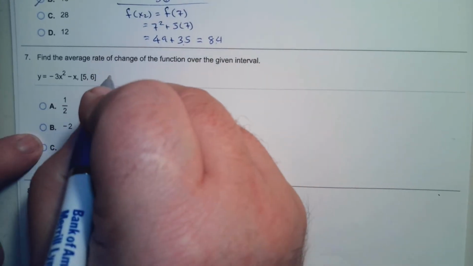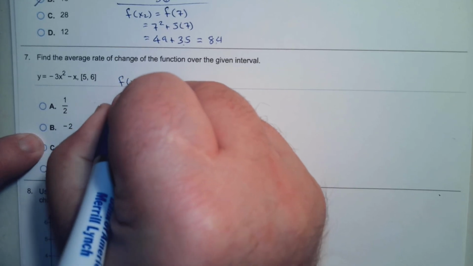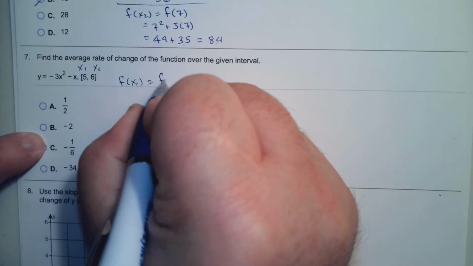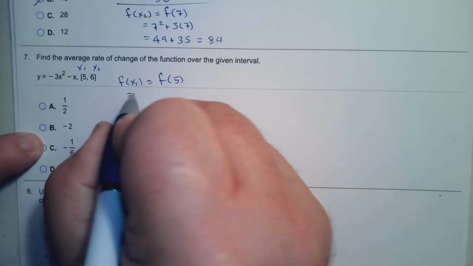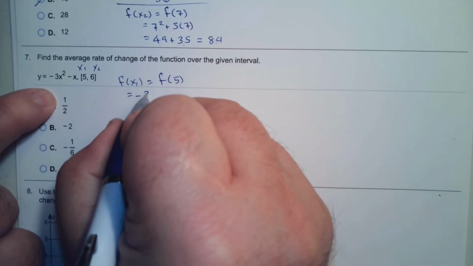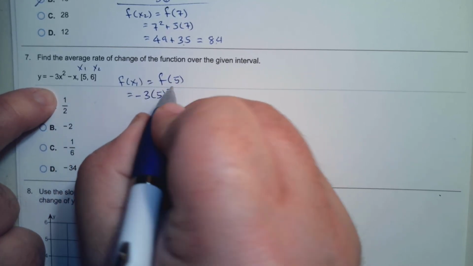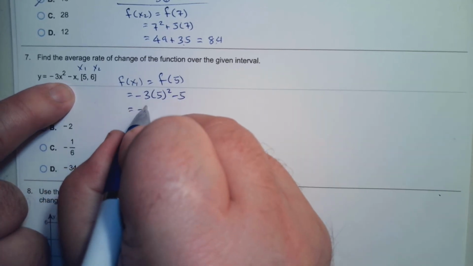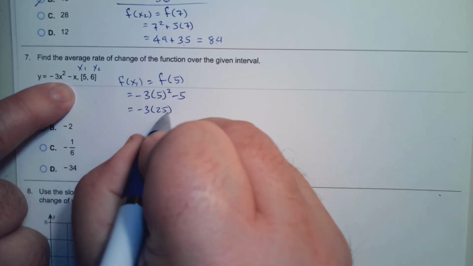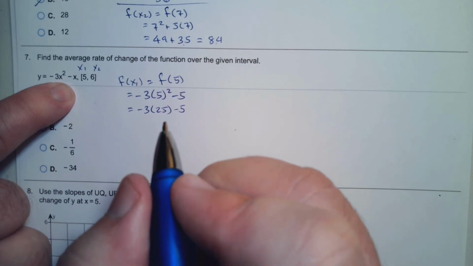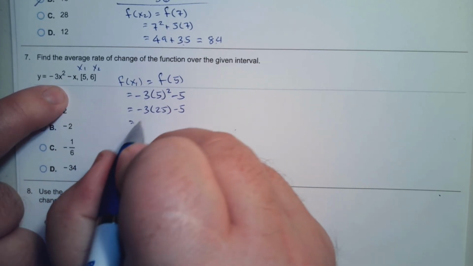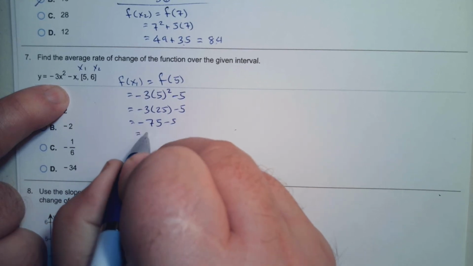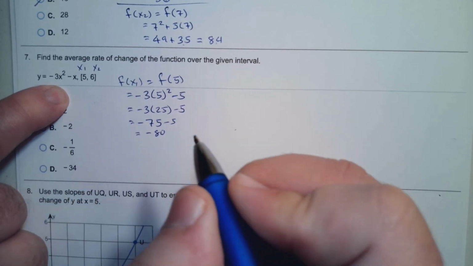Same thing here now. F of x1, this is x1, this is x2, so f of 5. Negative 3 times 5 squared minus 5. Negative 3 times 25 minus 5. Negative 75 minus 5 equals negative 80.